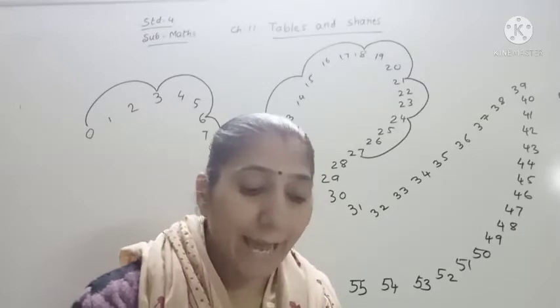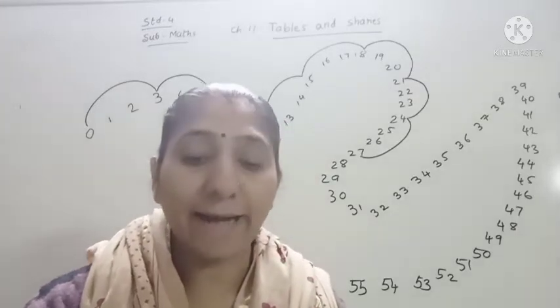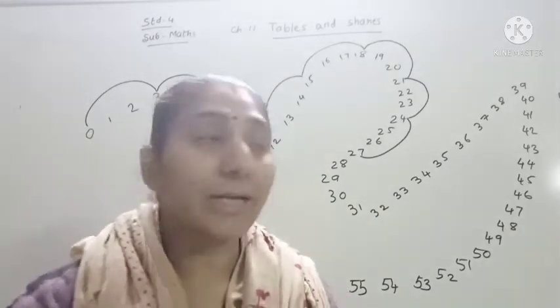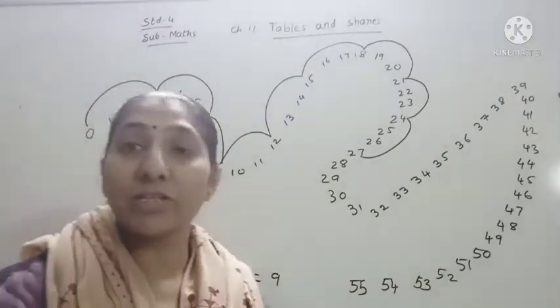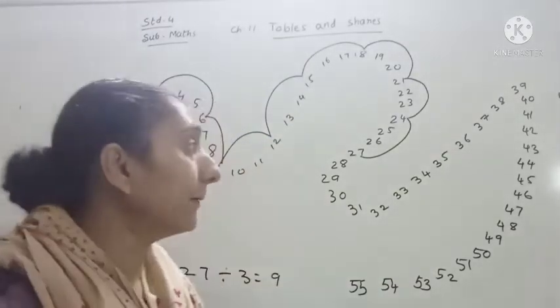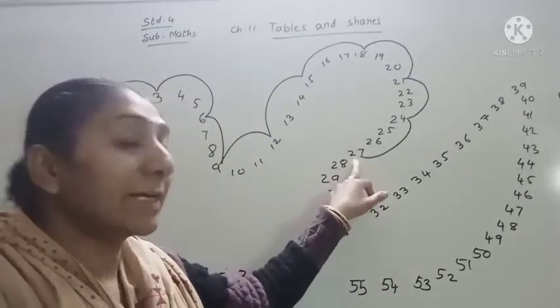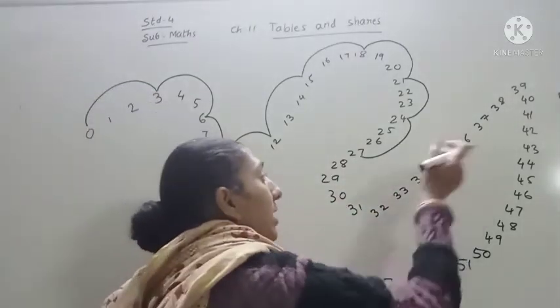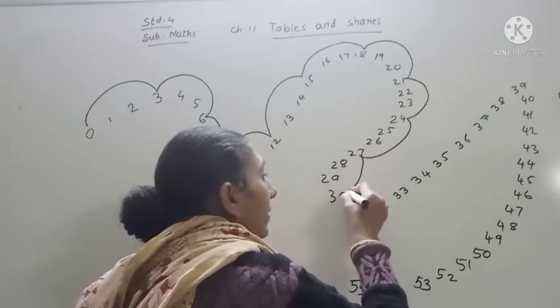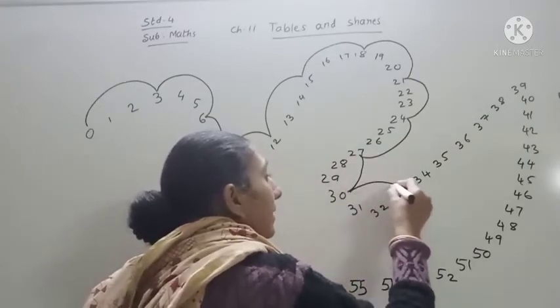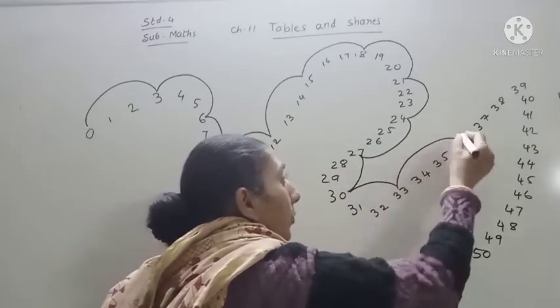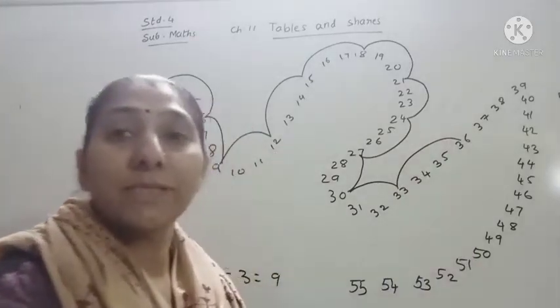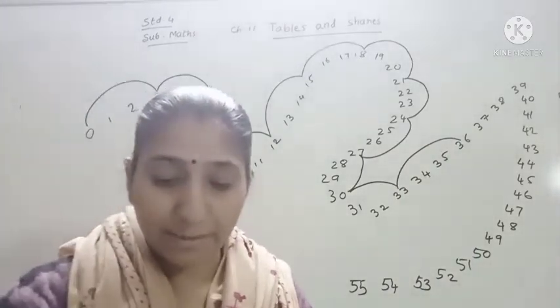He has taken dash jumps if he is at 36. Now to reach 36, how many jumps will he need? Till 27 there are 9 jumps. So till 36, how many jumps? 10, 11, 12. So 12 jumps.